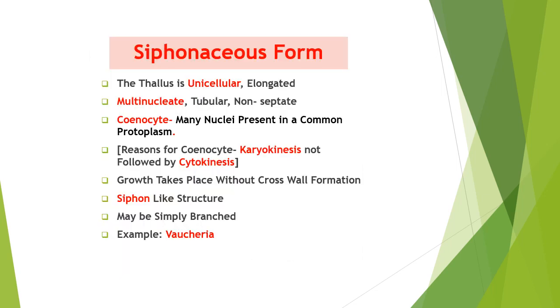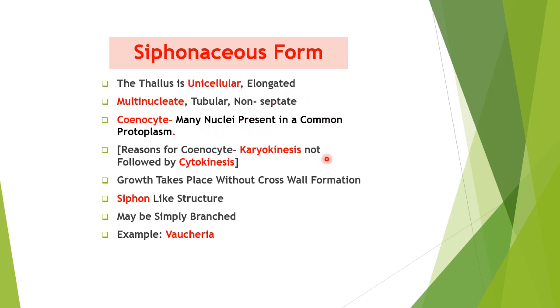Then coming to the siphonaceous type of forms, where the thallus is unicellular but elongated, and it is multinucleate, tubular and non-septate. A unique alga where you find a single cell that is elongated, has a number of nuclei, and has a tubular structure, and we call it a coenocyte. Coenocyte means many nuclei present in a common protoplasm.